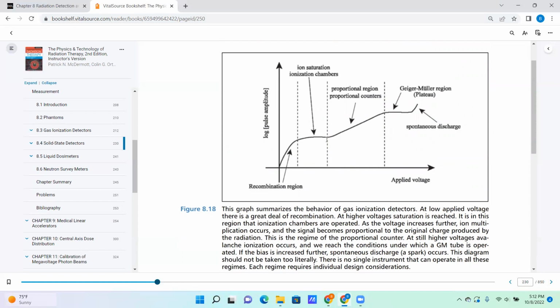As the voltage increases further, ion multiplication occurs and the signal becomes proportional to the original charge produced by the radiation. This is where you operate your proportional counters. At higher voltages, avalanche ionization occurs, and we reach the conditions under which the GM tube is operated. If the bias is increased further, spontaneous discharge or spark occurs.